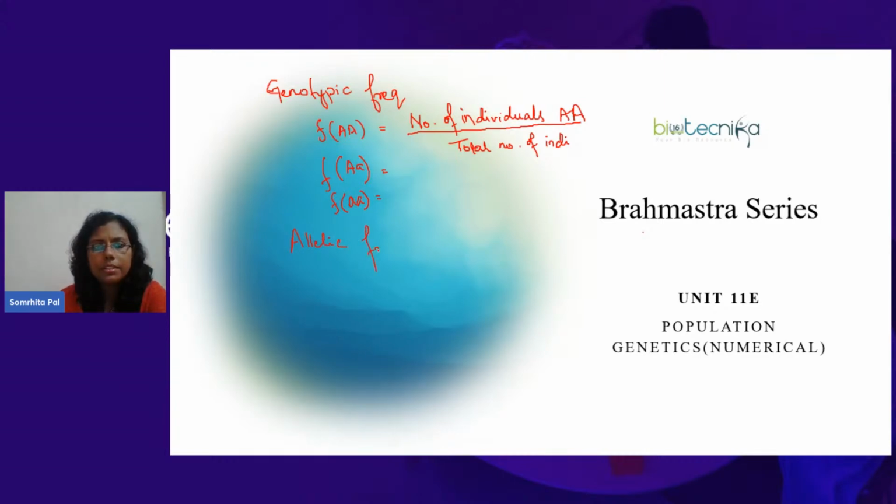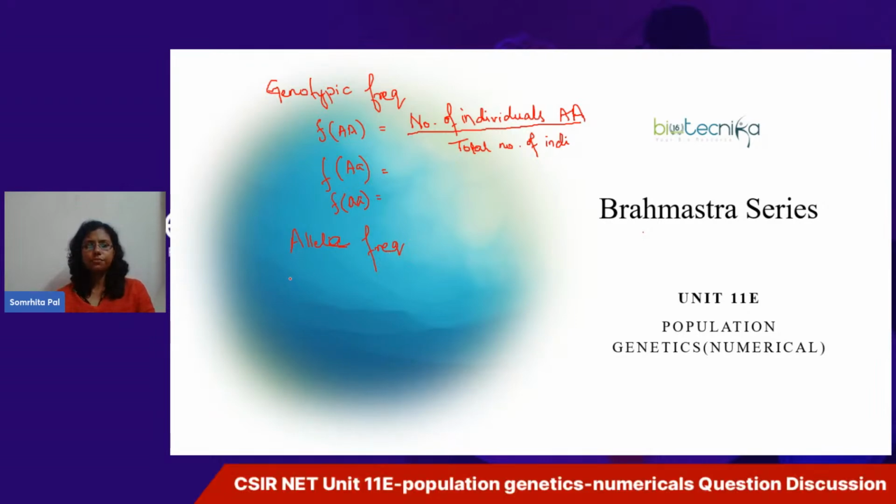Now, after that, we have the allelic frequency calculation, or allele frequency calculation. In that case, we have two formulas.